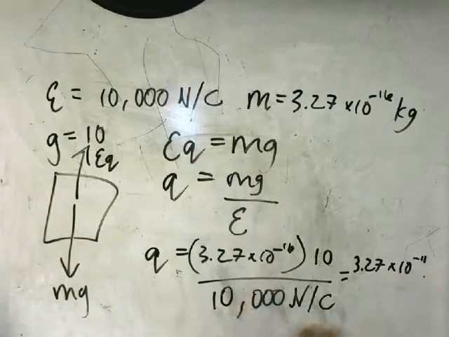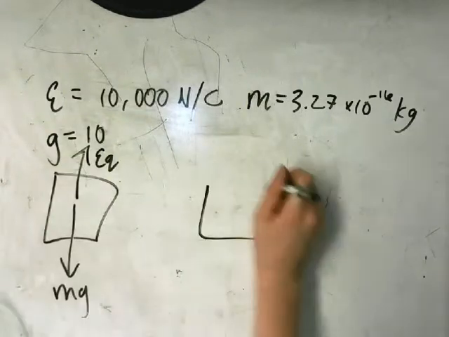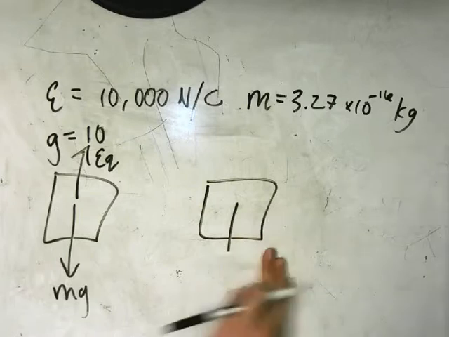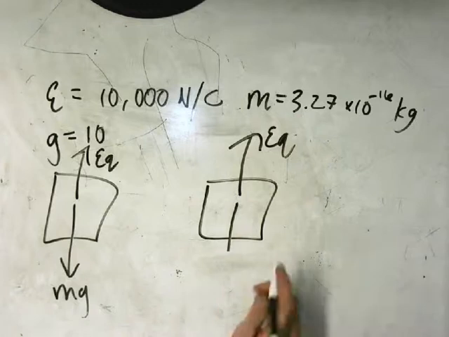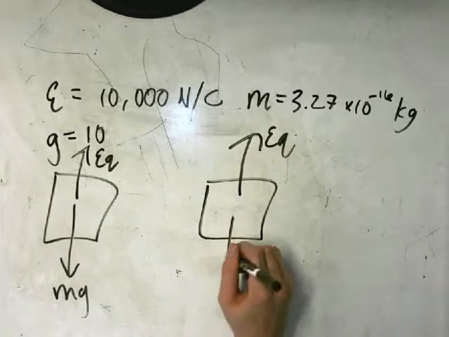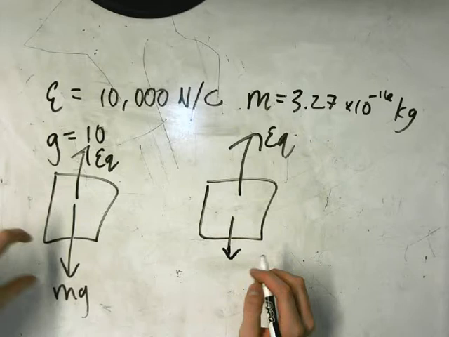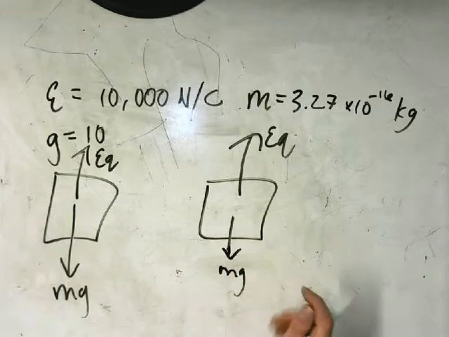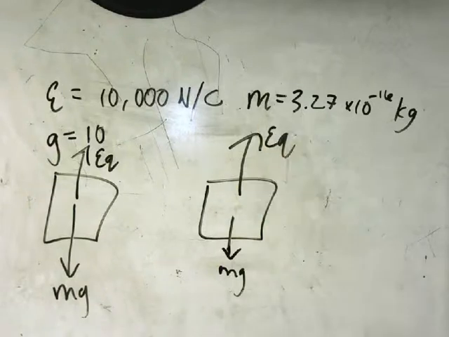So, if we draw this again in the free body diagram, so this is the drop, and this is mg, EQ stays the same, because it's the same charge, but since the drop is evaporating, it's losing mass, so the mg becomes smaller, and the forces are unbalanced, with EQ being the stronger force, so the drop moves up. Okay.